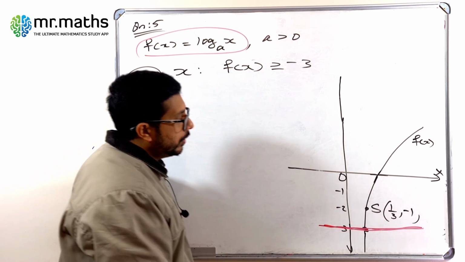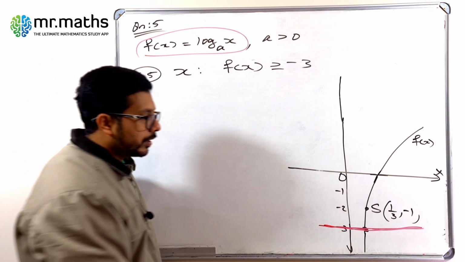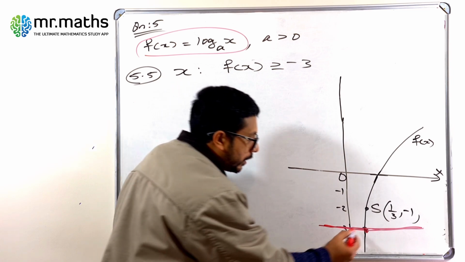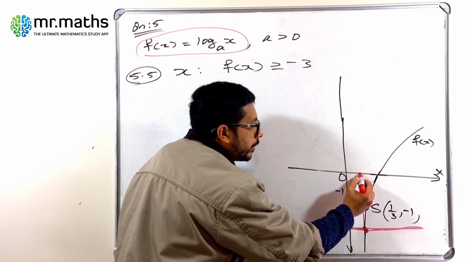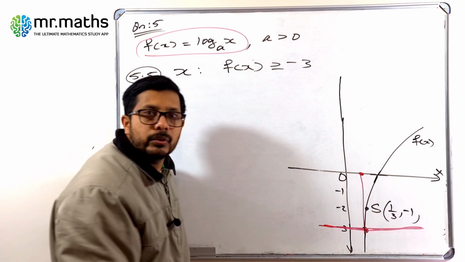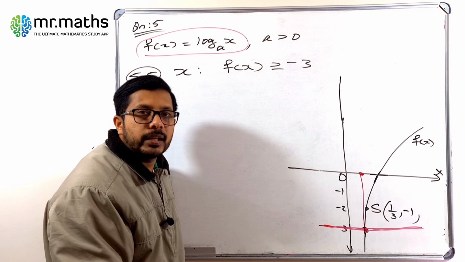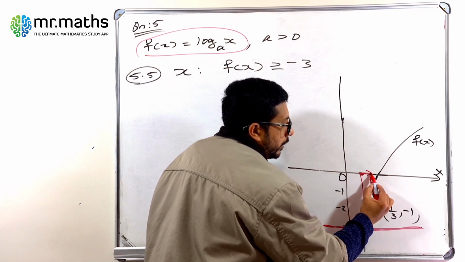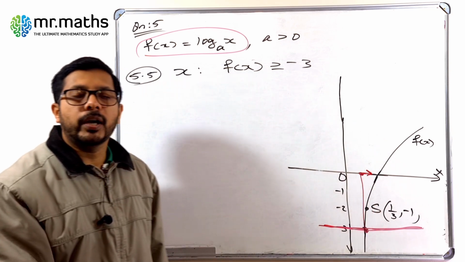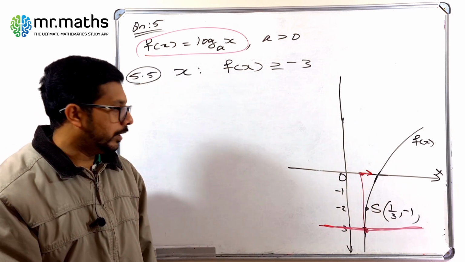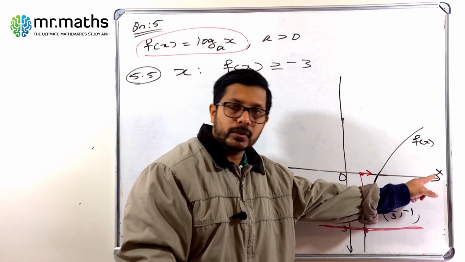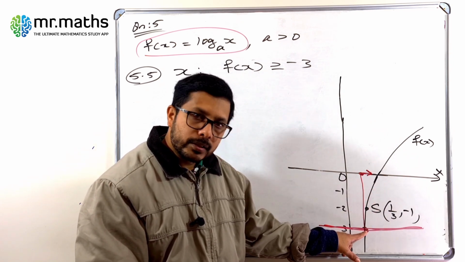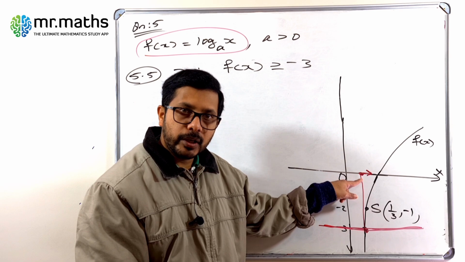So what I'm going to do is, at this y equals minus 3, find what the x value is. Then I can say that on this side it is y greater than minus 3. These are the x values.